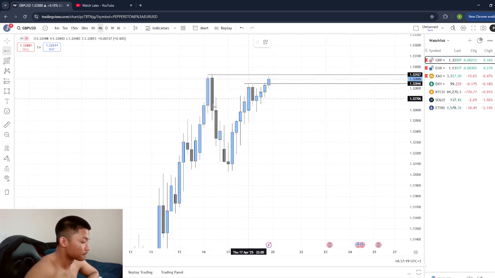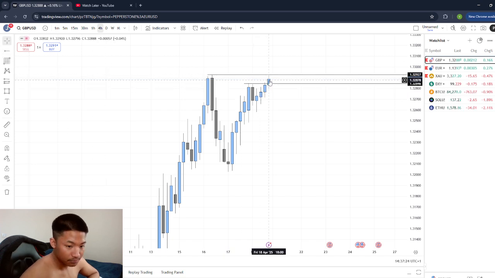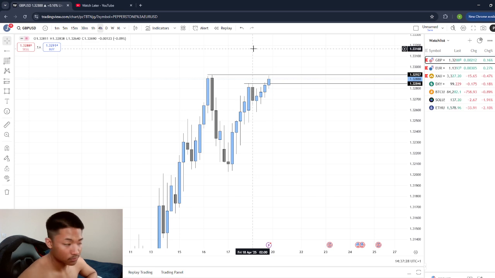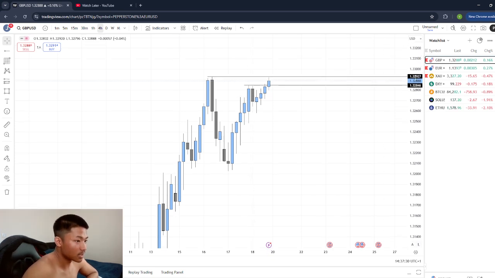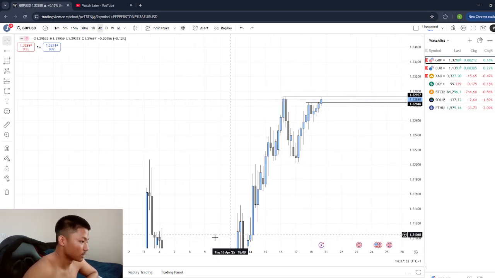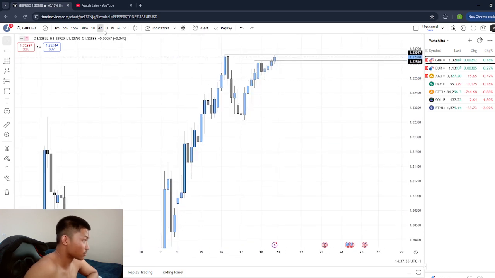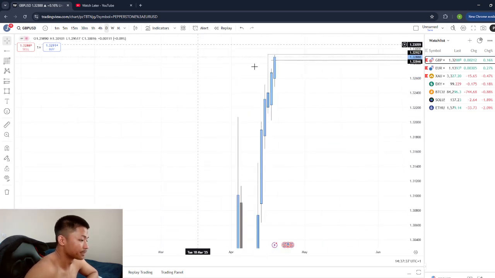But see them highs, see a sweep, and we see a reaction, maybe a new 4-hour candle. For me, that's enough confirmation that we're going to go lower, unless we've been trending for some time.